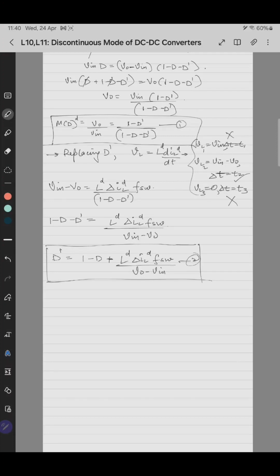So 1 minus D dash we have derived. Let's write this as 2, because it's easy to substitute.